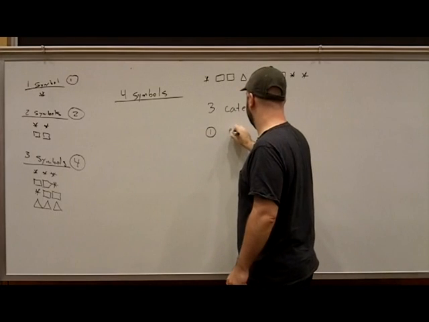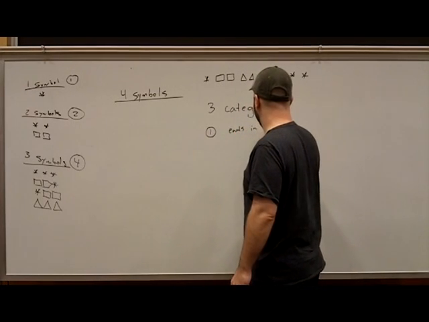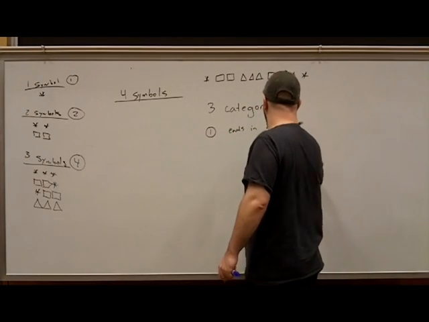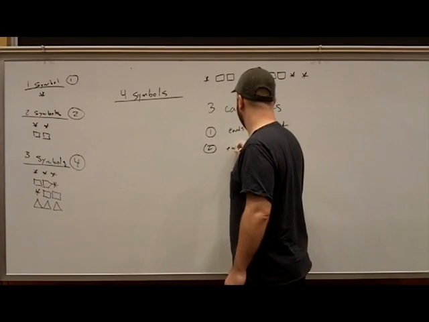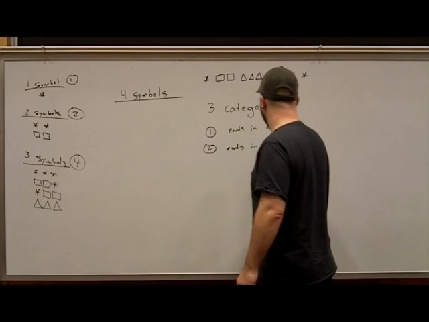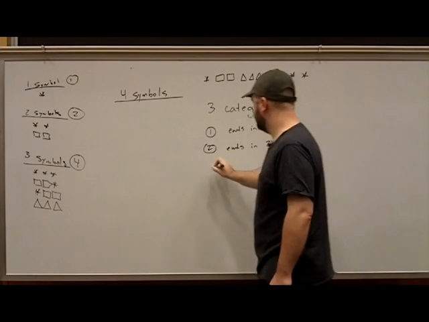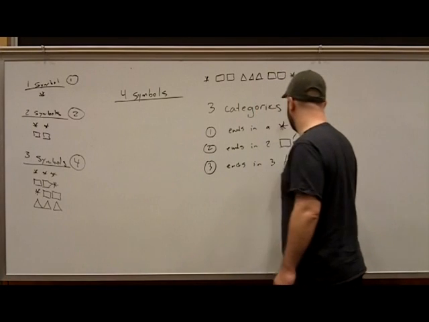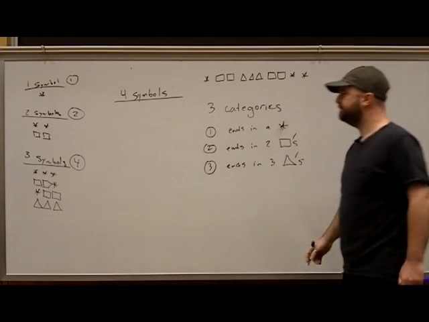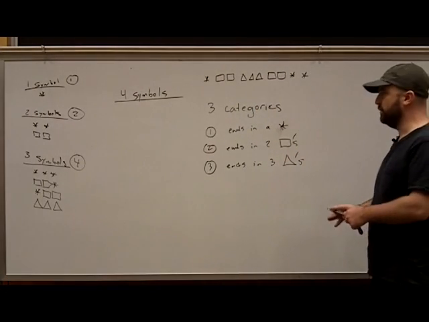First category ends in a star. Second ends in 2 squares. And the third ends in 3 triangles. So let's see how many we can make.